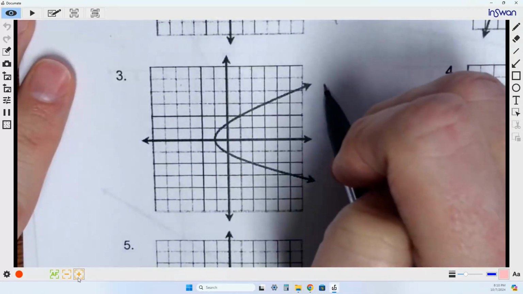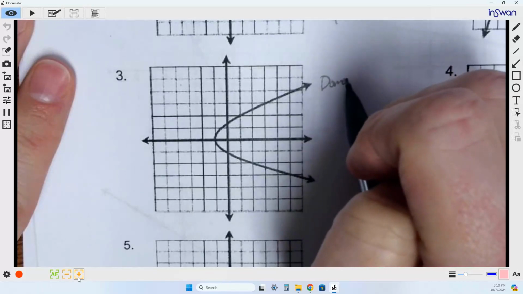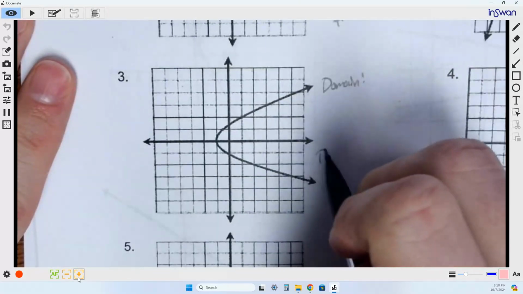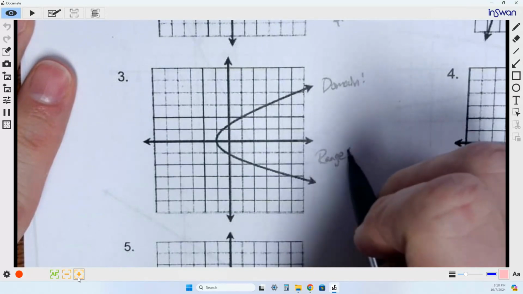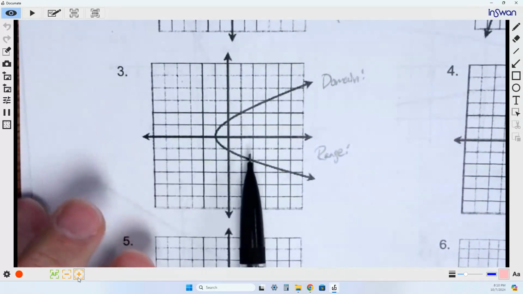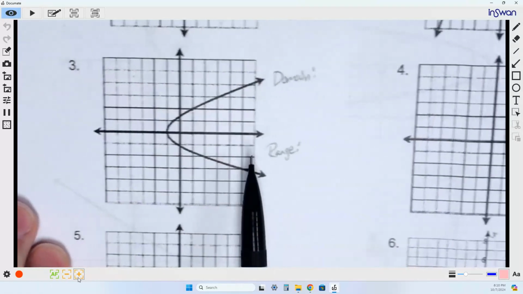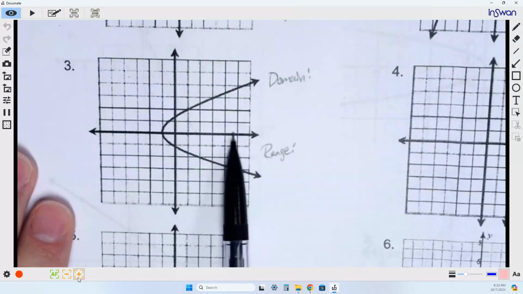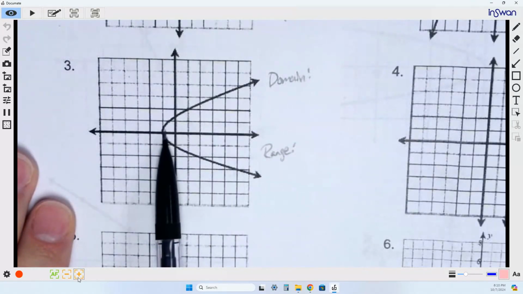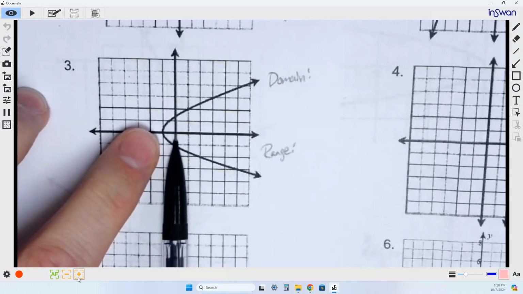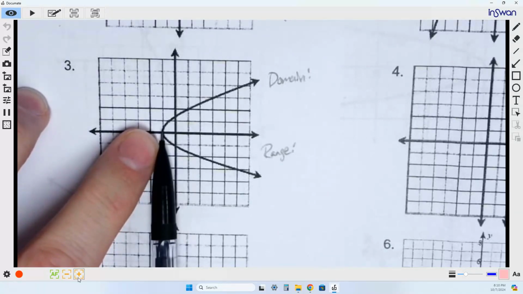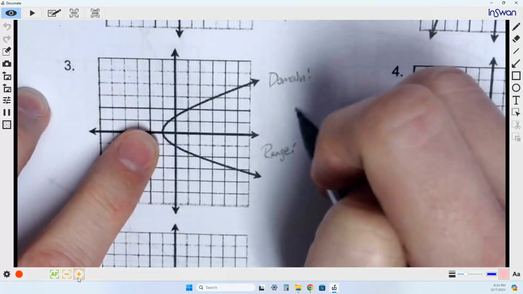I've got number 3 here. So I have domain, and I have range. So my first question, looking left to right, is do I stop or turn around anywhere? Okay, I'm going to go here and looky here. It looks like we have a turnaround right here. If that's 0, 0, that's going to be at -1.